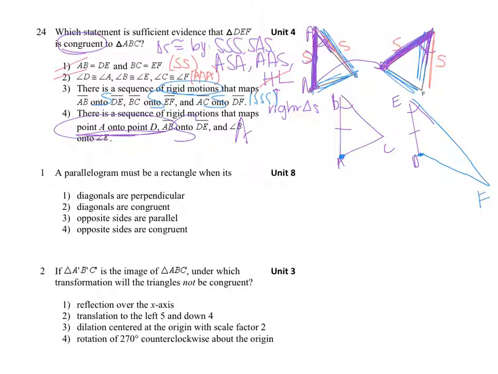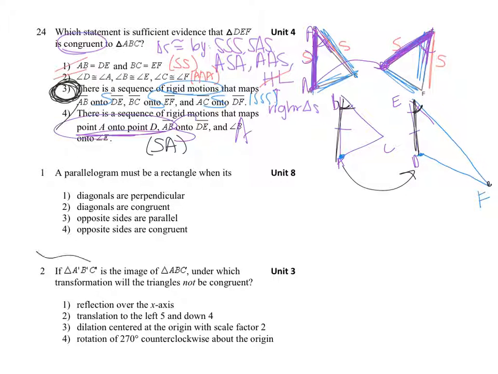This creates triangles that are no longer congruent. I kept A to map onto D, and I kept segment AB to map onto segment DE, and angle B congruent to angle E, just as they told me. But F is way out here, meaning that the triangles don't have to be congruent. This is technically only SA. So choice 3 is the valid choice here.